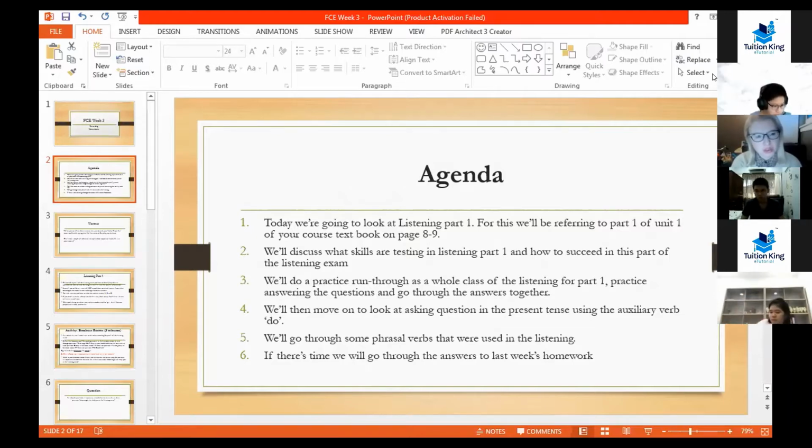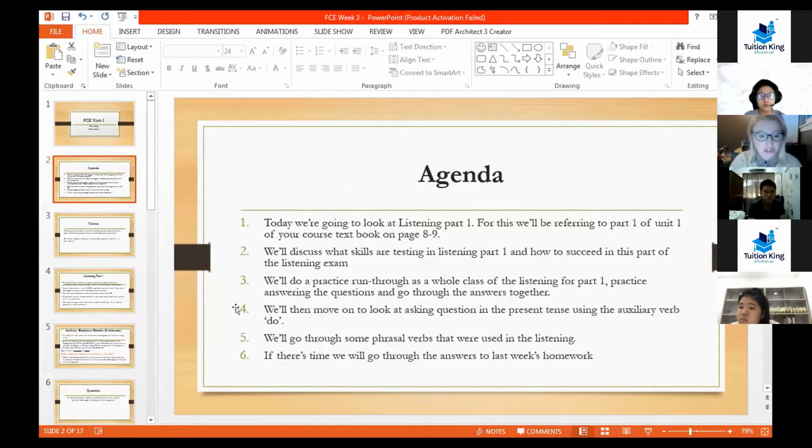And we'll also talk about some tips. We'll go over some tips of how to succeed in this part of the exam. And then we'll do a practice run through part 1. So we'll do this in silence, and then you'll get to practice answering the questions, and then we can discuss the answers and various tips and or strategies to help you to get to the correct answer.